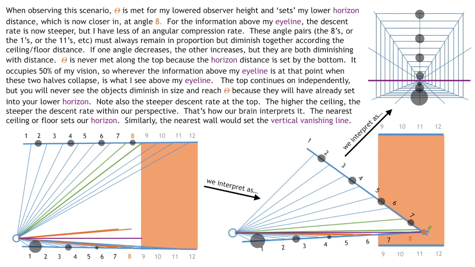Note also the steeper descent rate at the top. The higher the ceiling, the steeper the descent rate within our perspective. This is how our brain interprets it. The nearest ceiling or floor sets our horizon. Similarly, the nearest wall would set the vertical vanishing line if we were up against a long wall, let's say.